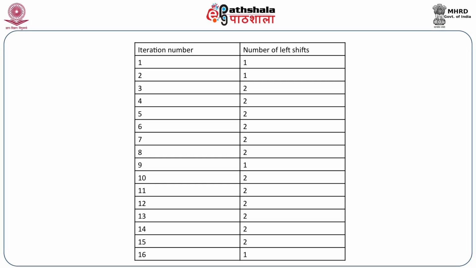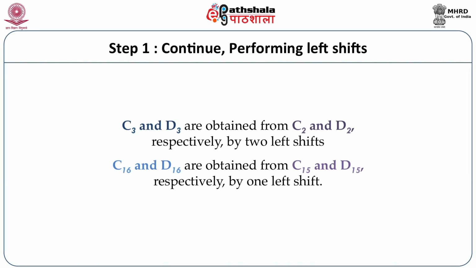The same way, if you want to generate C2 and D2 from C1 and D1, once again you have to perform a left shift of 1. From the table you can determine that if you want to generate C3 and D3, they are obtained from C2 and D2, and the left shift you have to perform is 2 left shifts. Now you can check all by yourself.